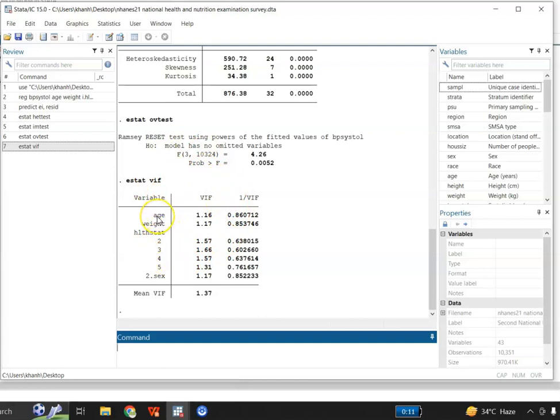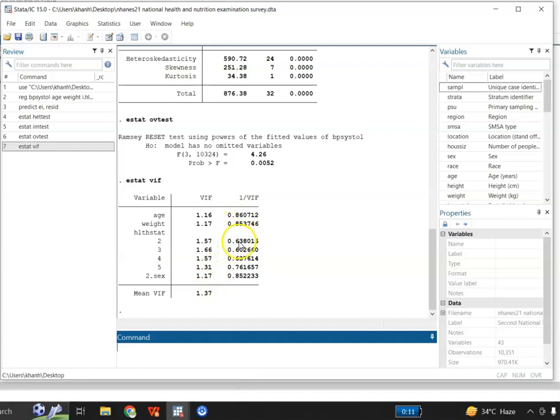So for age, the VIF is 1.16, and this is the tolerance value, and if we divide 1 by this value, we get this. So these are the tolerance values and these are the VIF values, and the mean VIF is 1.37. On the whole, this test result shows that there is no issue of multicollinearity among the independent variables of this model.